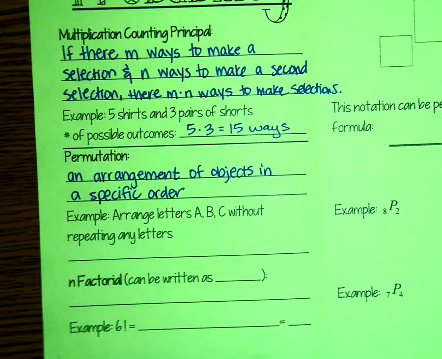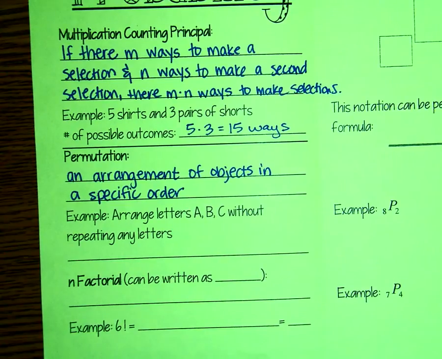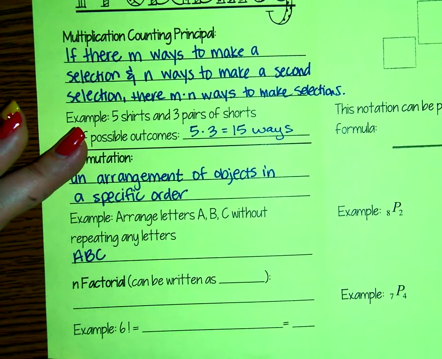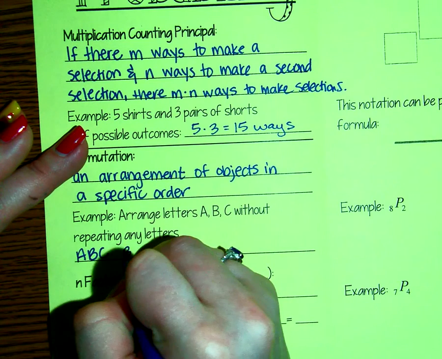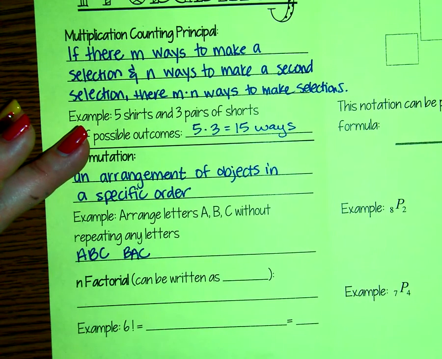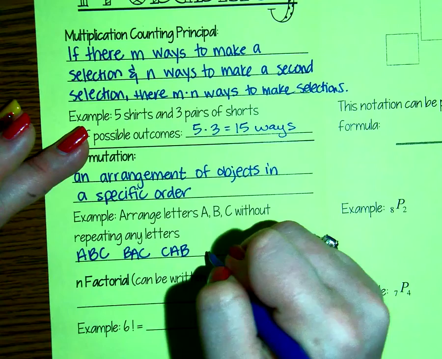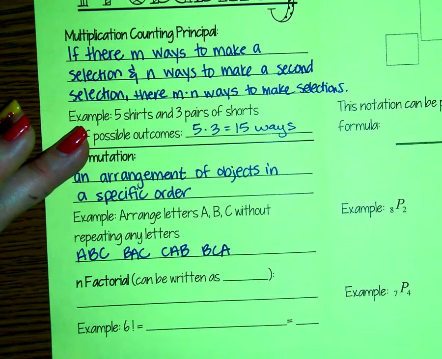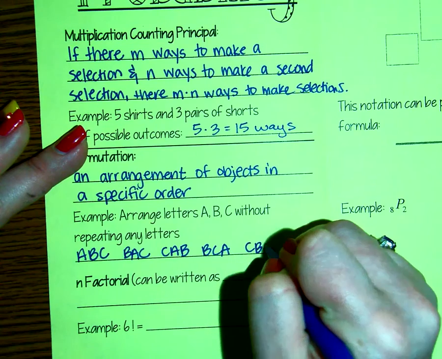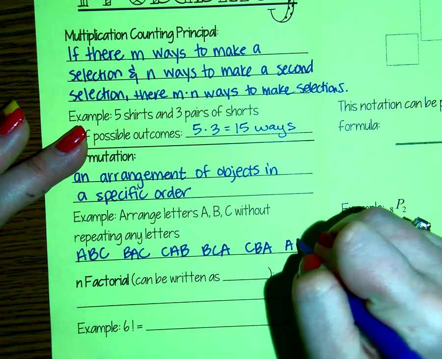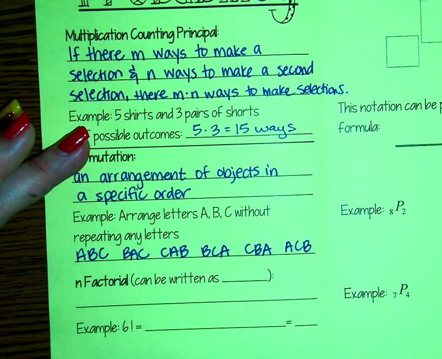So we could have the arrangement ABC, BAC, CAB, BCA, CBA, and ACB.